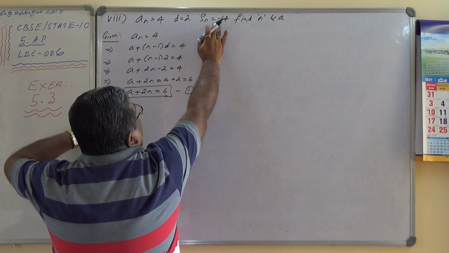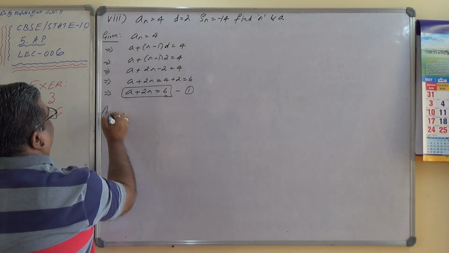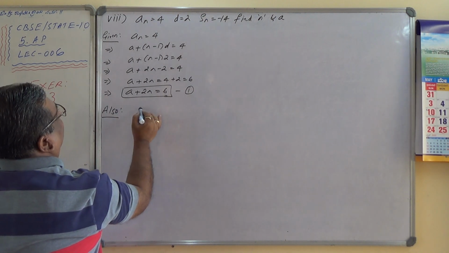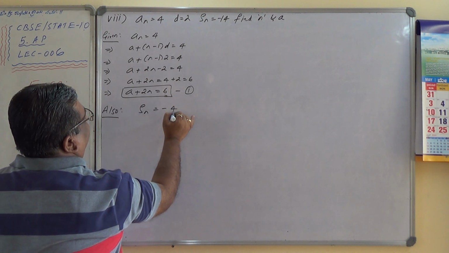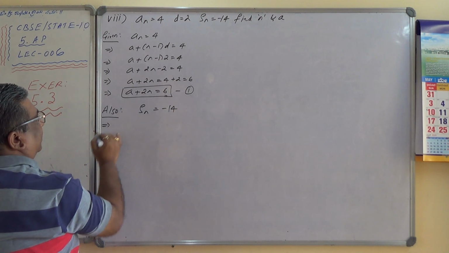Also given is Sn, use that one now. Sn equals minus 14 implies, what is Sn?